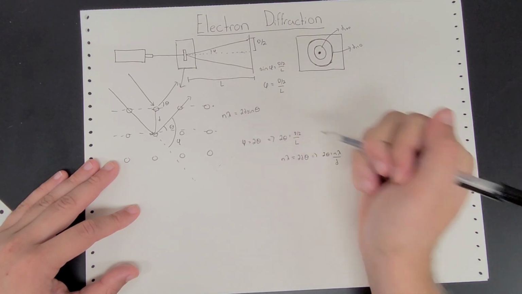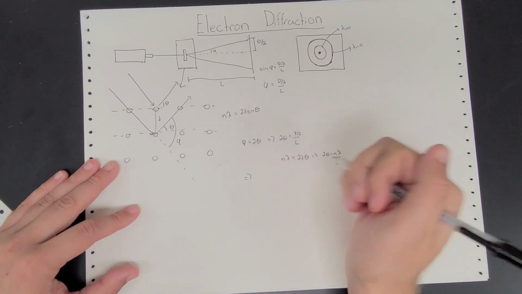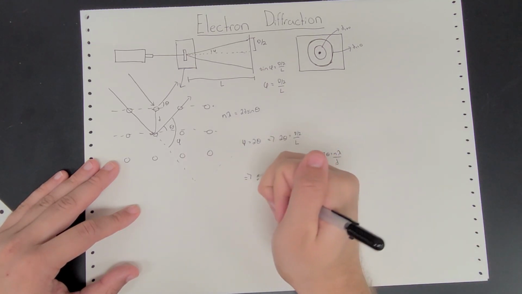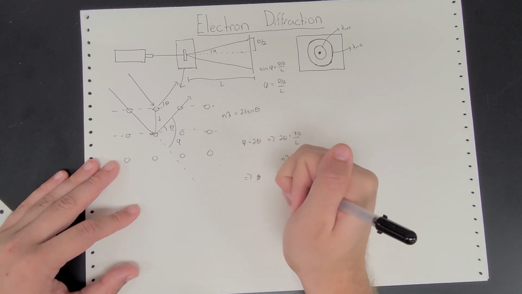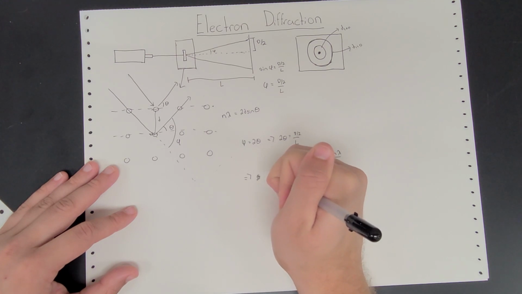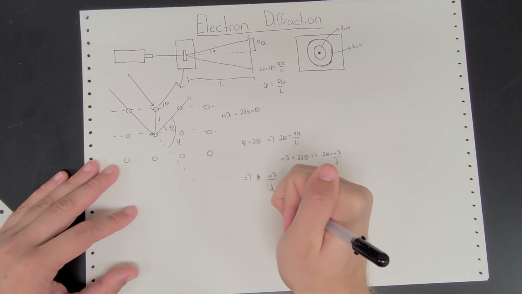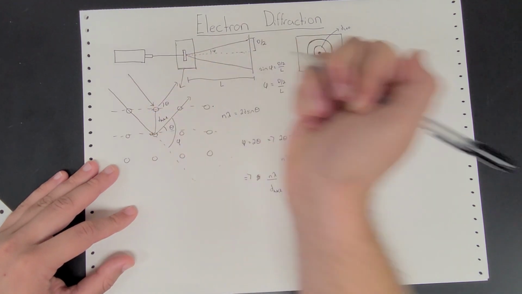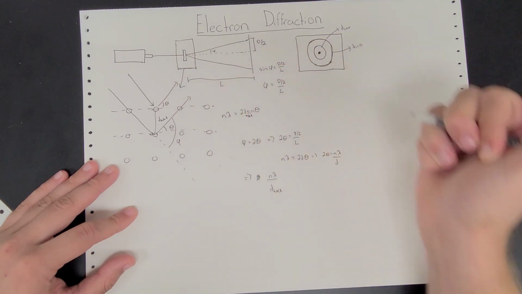And so if we just plug that in there, we will get n lambda over d. And this d is dhkl, sorry, the interatomic spacing. We just forgot our little subscript on this, dhkl.